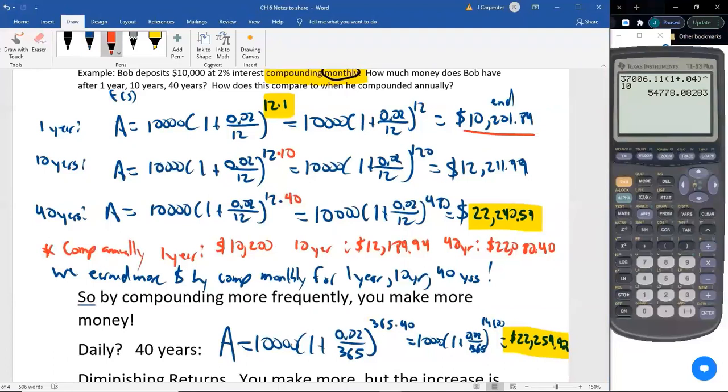Since that's not a very big increase, obviously your effective rate is somewhere in the 2% margin, just a little higher, like 2.1 or 2.05. And the bigger the rate, the bigger the gap. If you had like a 10% rate, then the effective rate might be like 10.9 or 11.2 maybe. If you have a 22% rate, the effective rate might be like 25%.